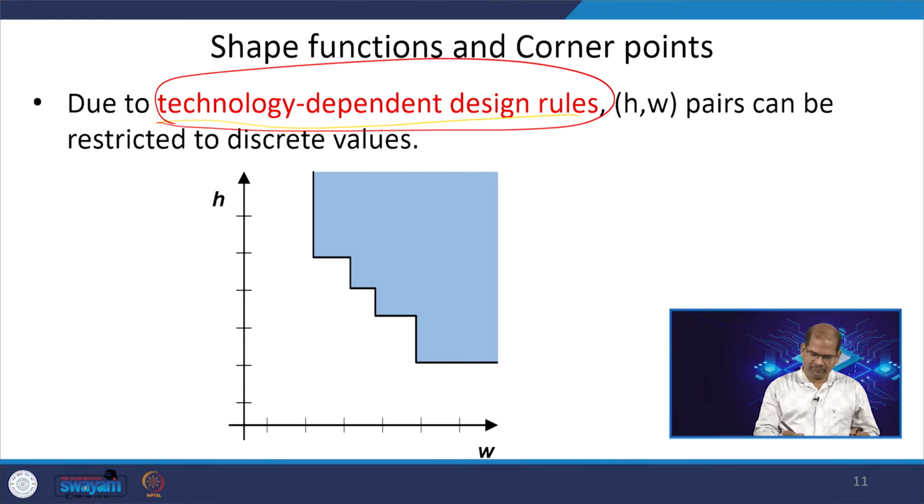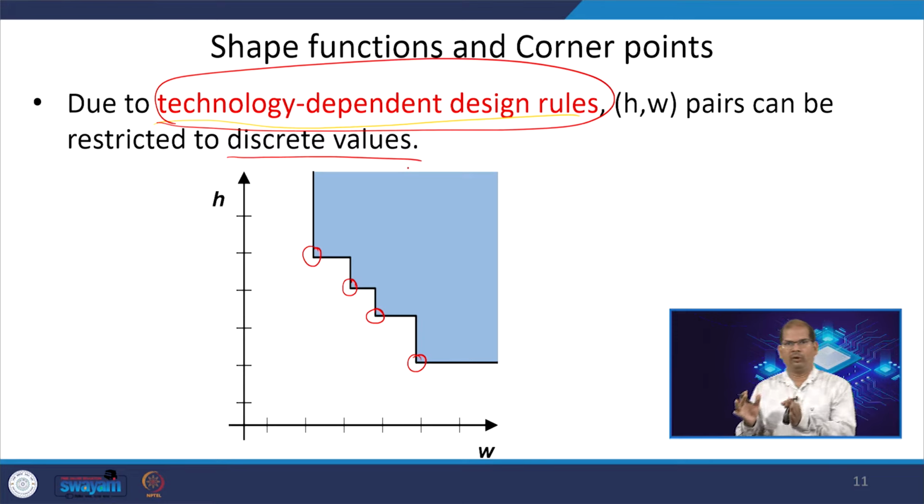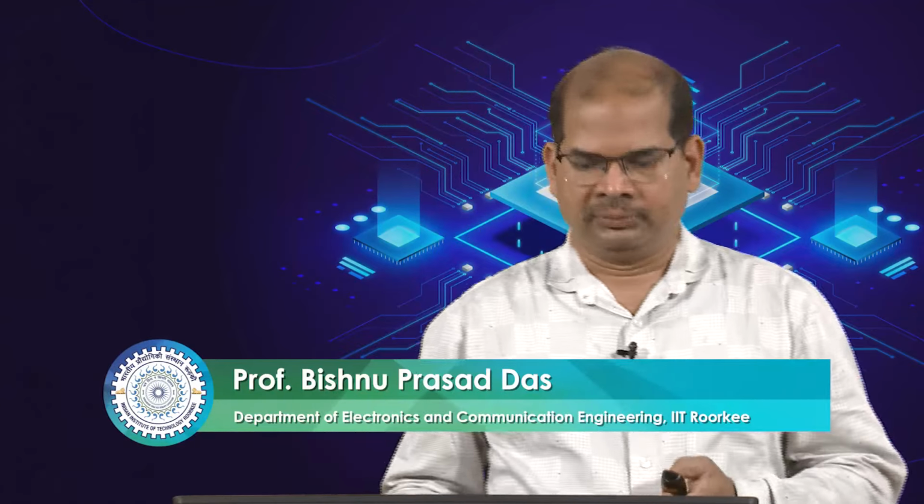So, those restricted points are the feasible area of your design, and these are represented using discrete values. Let us say I have a block, it can have some possible shapes, but a continuous combination of W and H is not allowed. Only some discrete values of W and H which give the same amount of area are allowed.